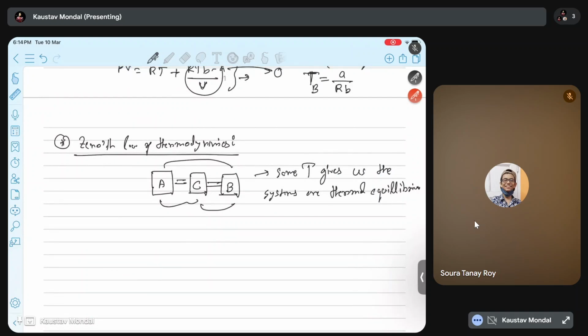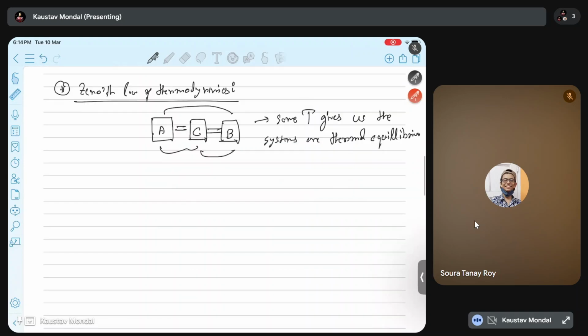Now from there we have defined different temperature scales, right? To measure the temperature in different temperature scales, we need different thermometric quantities. This thermometric quantity basically depends upon the temperature of the system, and also it needs to change linearly with the temperature.